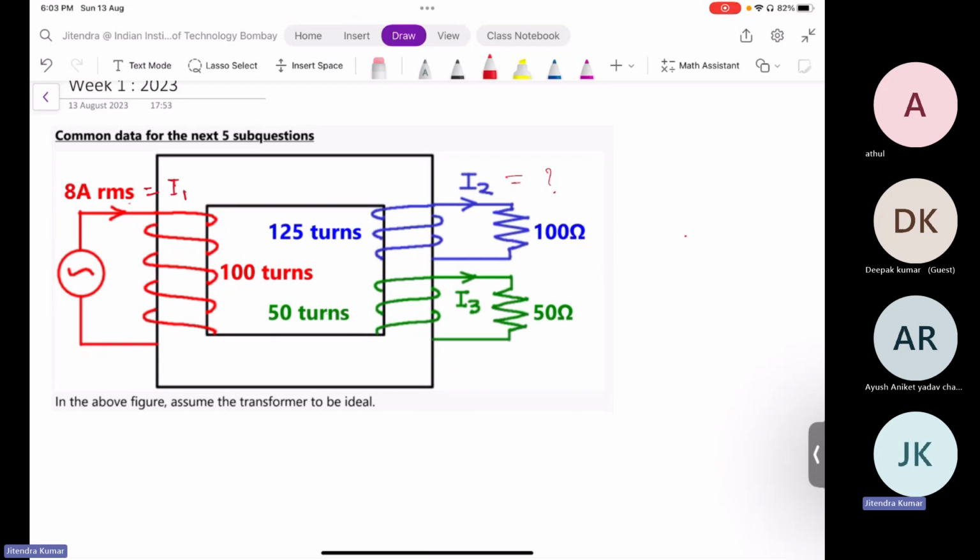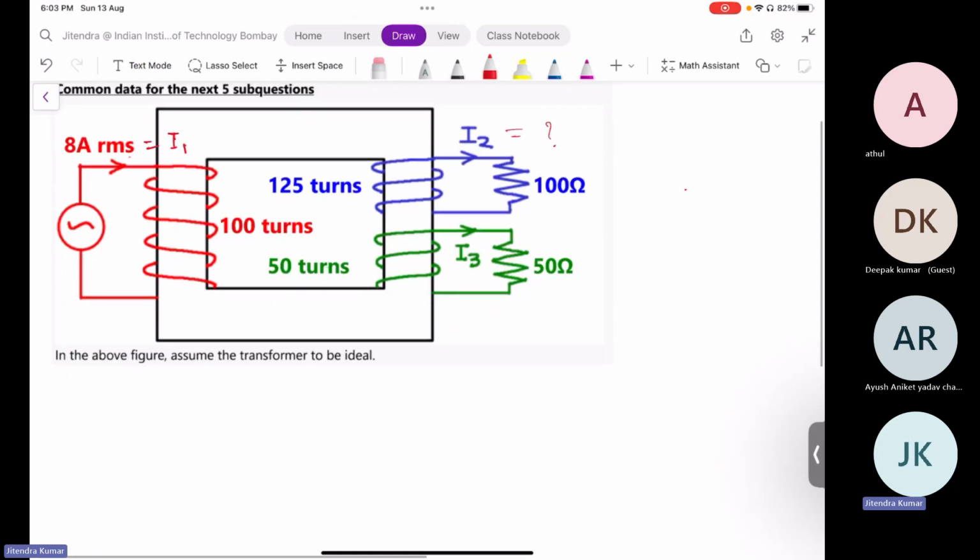From the solution approach, you can see they are doing MMF balance. Whatever MMF the primary supply is creating should be enough to cater to both the load windings, which is N2 I2 plus N3 I3.